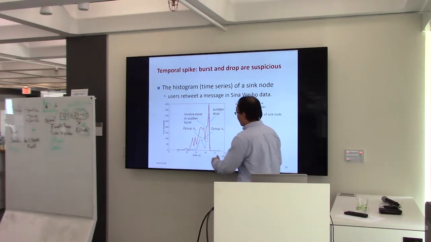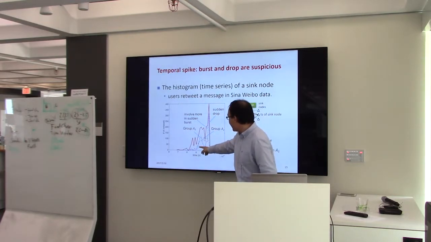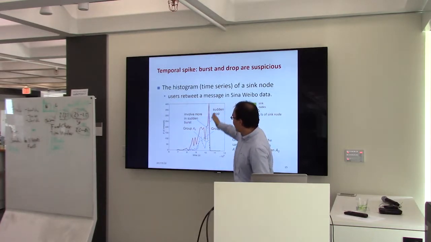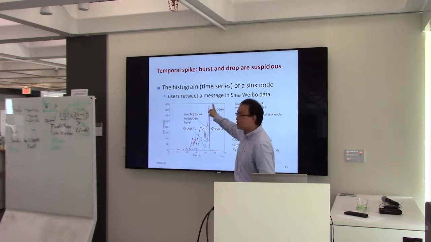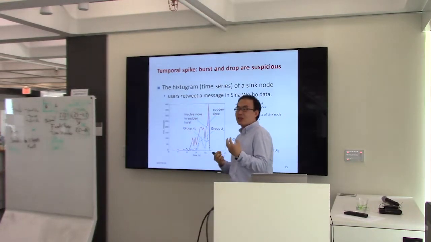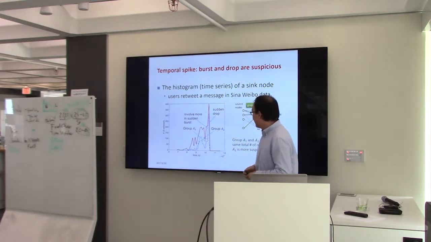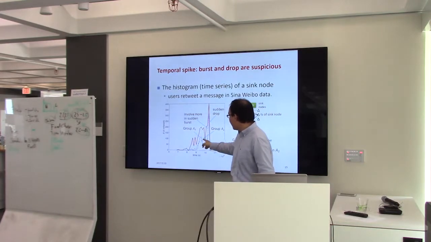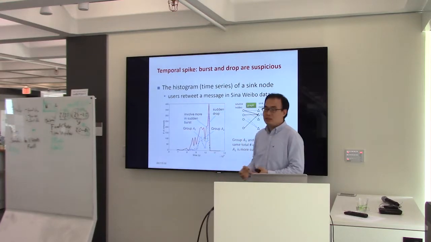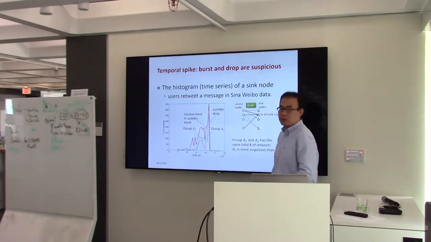Group A1, the blue line, always causes the burst when the whole time series bursts. That means A1 participates in the causality of the bursts of the time series of these objects. But the green one, group A2, only grows slowly and drops slowly. So in that case, group A1 should be more suspicious than A2.